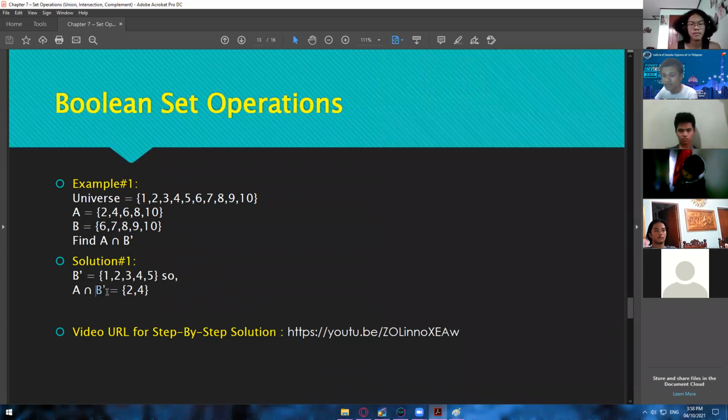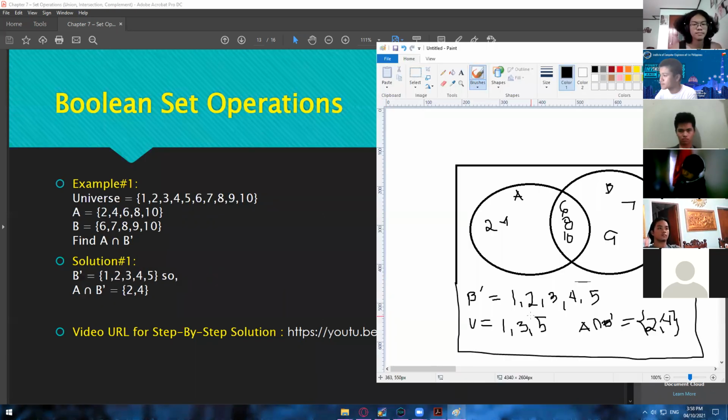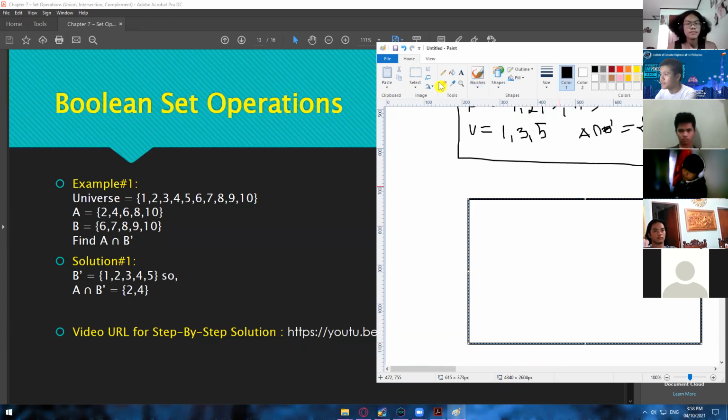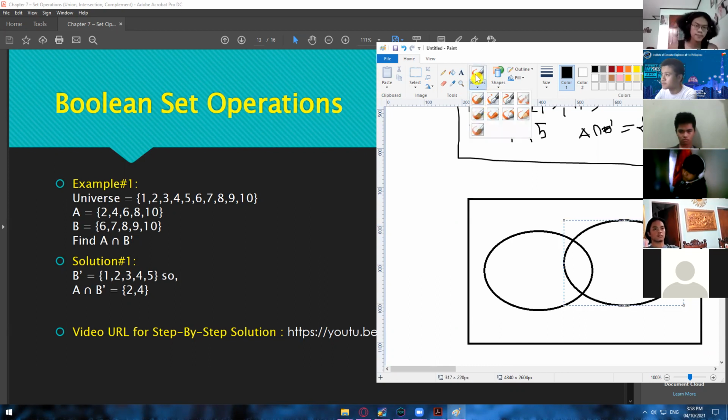We now only have this B complement and set A. So if you are going to do that, it would be something like this. We have the set A itself, and then B complement.